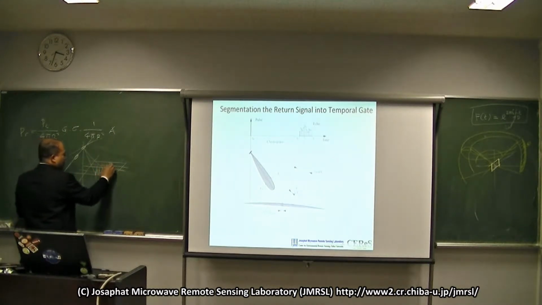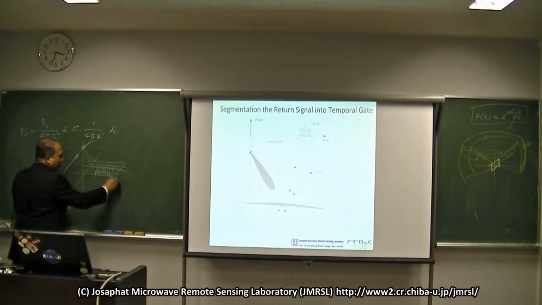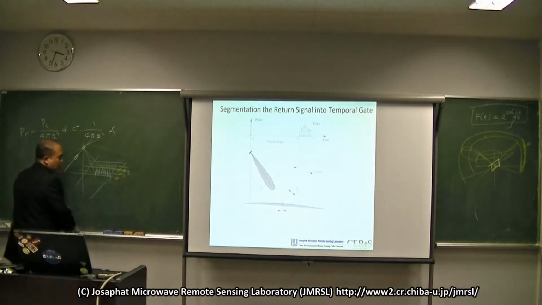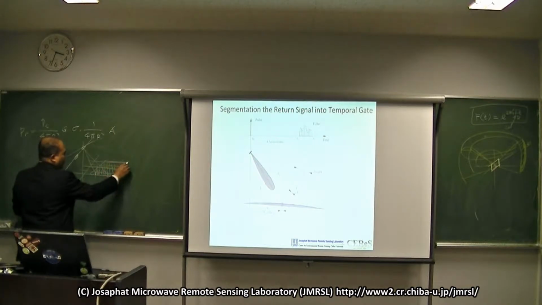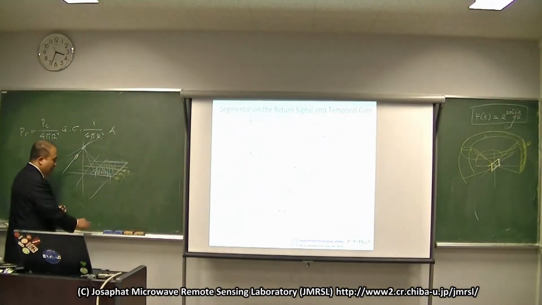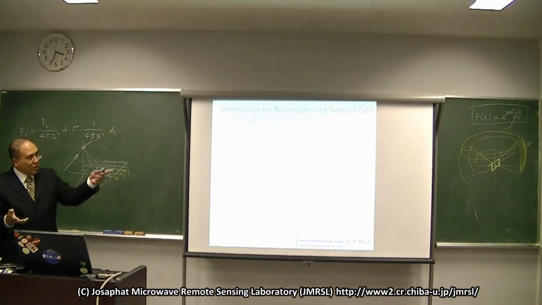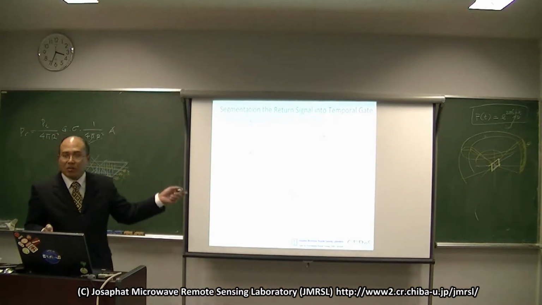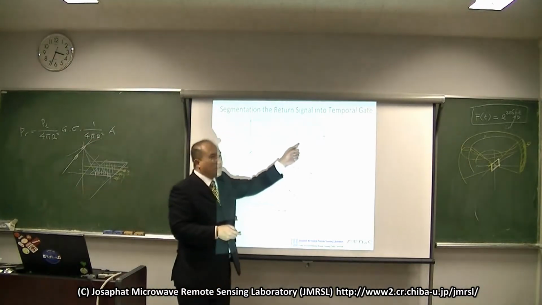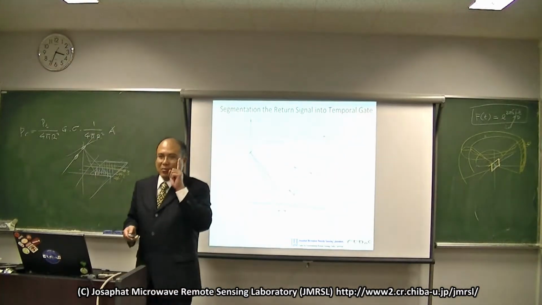Then you save number 1, number 2, then number 3, and you can find this raw data. You can save this as raw data. After that, we process it using the processor. It is the response from just one pulse.